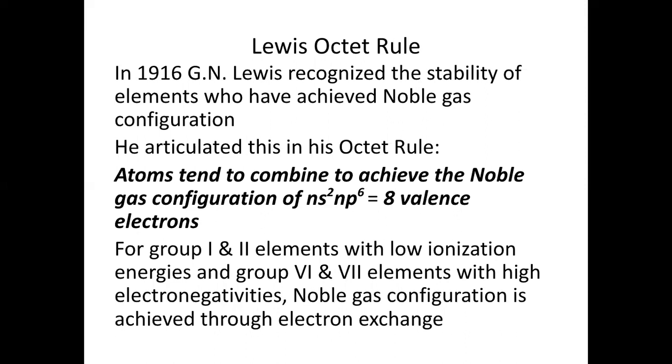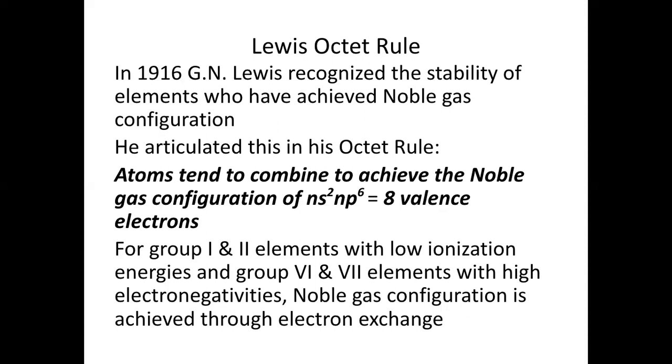And your valence energy shell electrons are those that are in that outer energy shell. So for group 1 and 2 elements with low ionization energies, so those are our metals, and group 6 and 7 elements with high electronegativities, so these are our nonmetals, noble gas configuration is achieved through electron exchange.